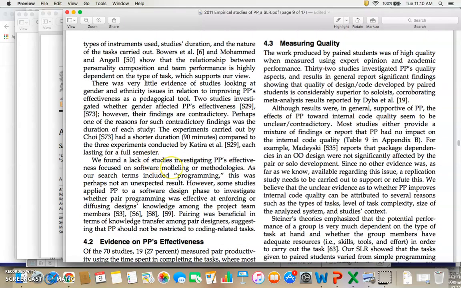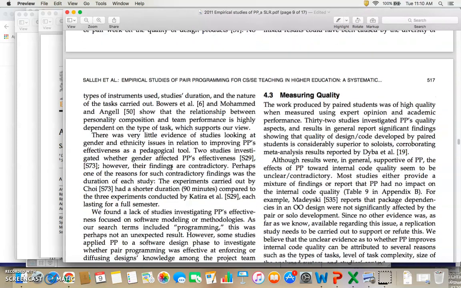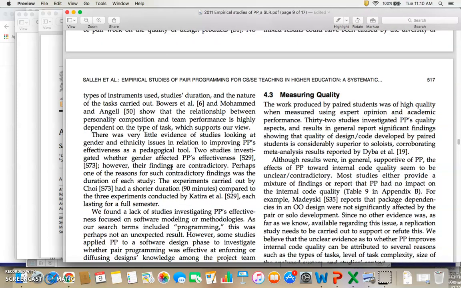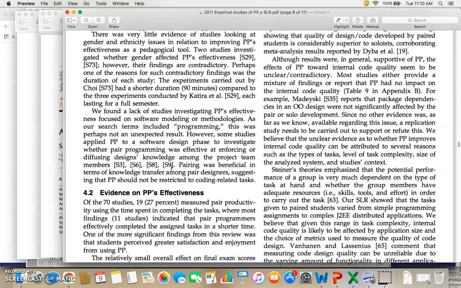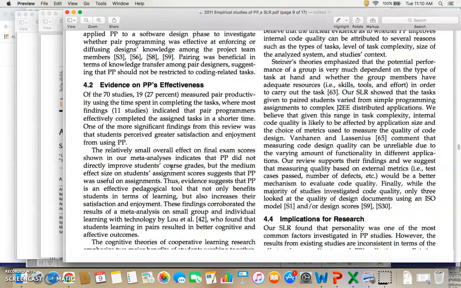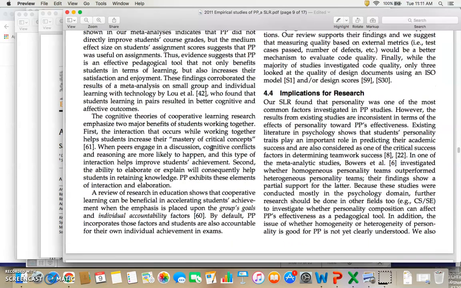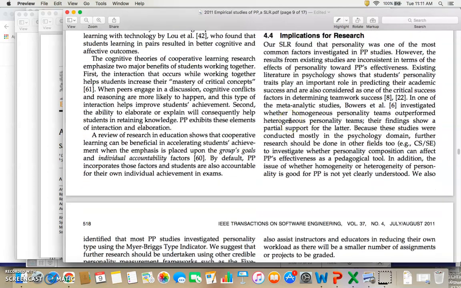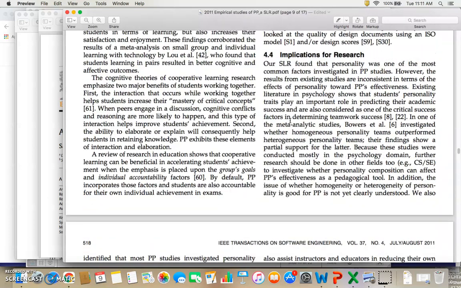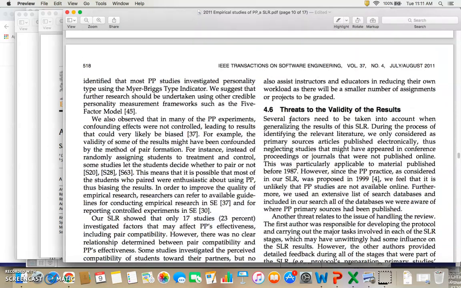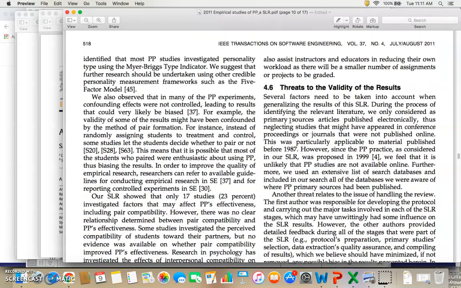We found a lack of studies. So basically you can discuss the pattern of the findings, and you can read more on the implications for research, meaning based on the findings, what educators or researchers can learn from this SLR.